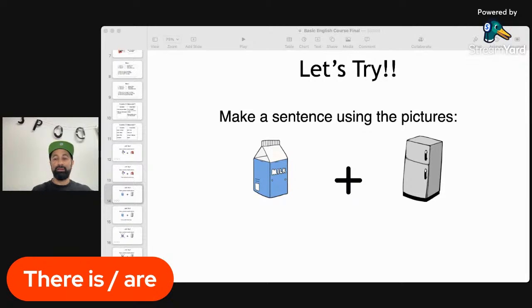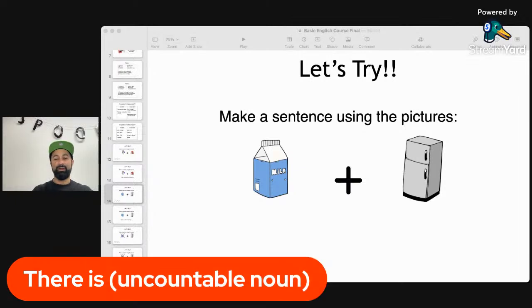All right, so, just for everyone, again, remember, there is going to be followed by an uncountable noun. Okay, that's the easiest way to remember this. There is going to be followed by an uncountable noun, whereas there are is going to be followed by a countable noun.